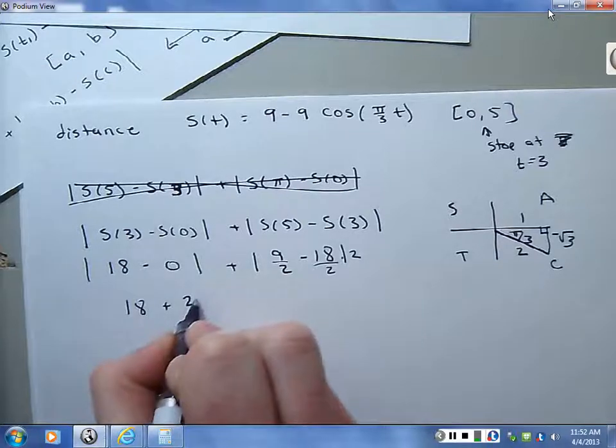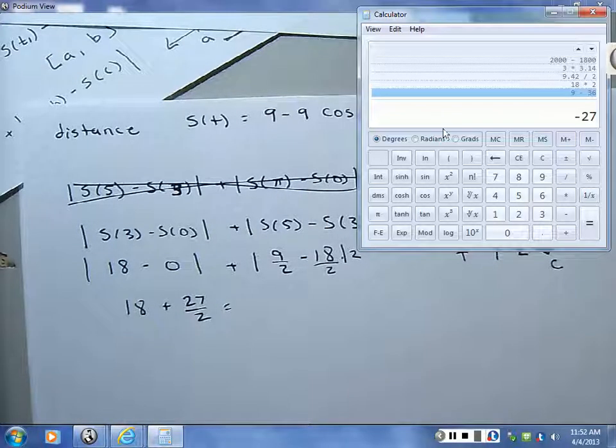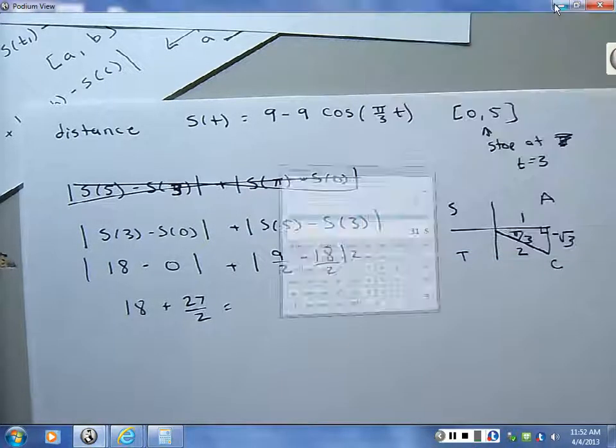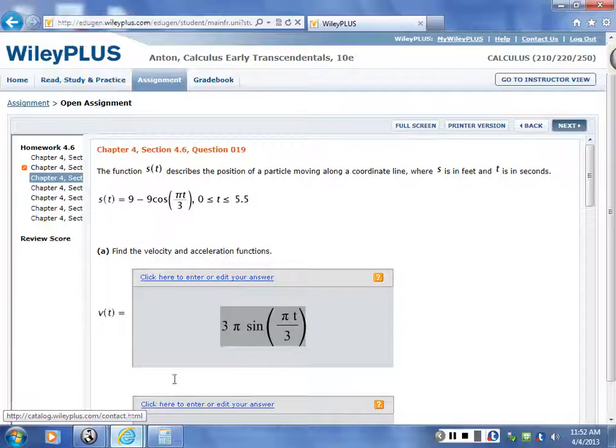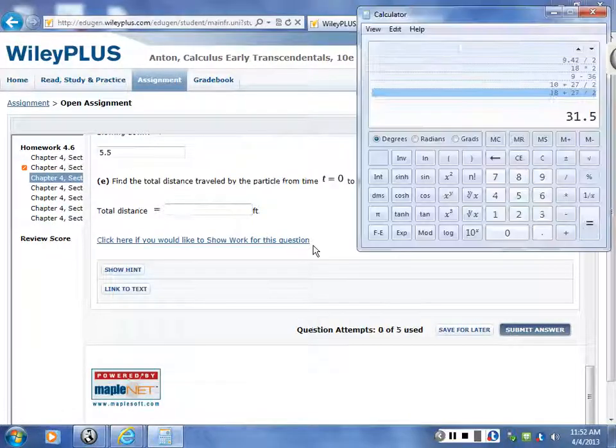So 27 over 2 plus 18. So 18 plus 27 over 2 would be 31.5. So if you stay with me, see if all this is right. What did we get? 31.5.